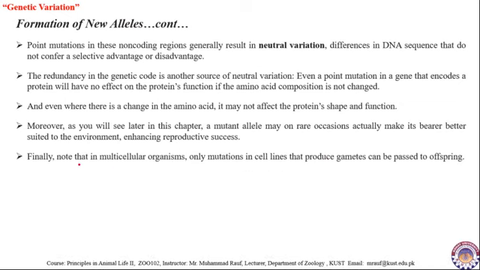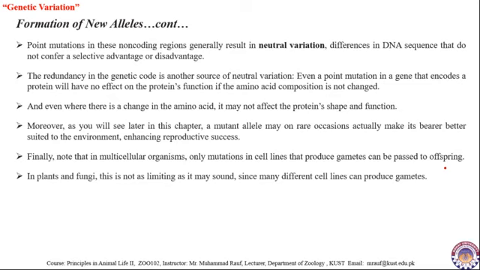So finally, note that in multicellular organisms, only mutations in cell lines that produce gametes can be passed to offspring. So remember that mutations can take place in somatic cells and germ cells, and the mutations that take place only in germ cells will be transferred to the next generation.